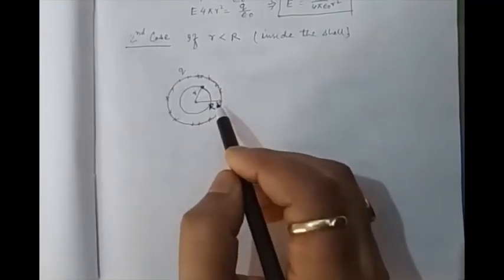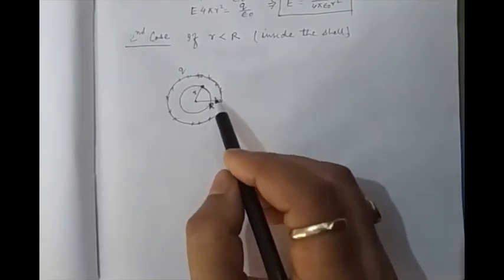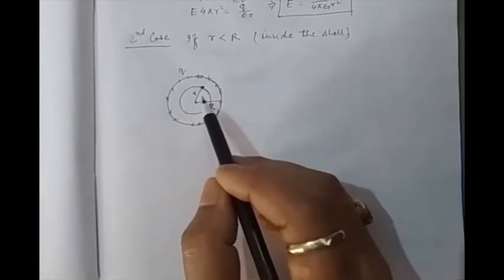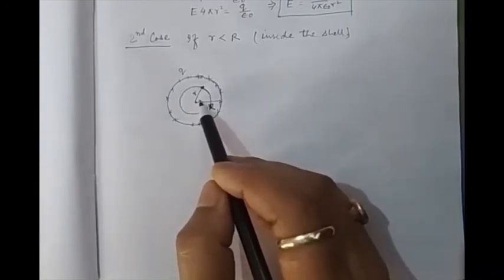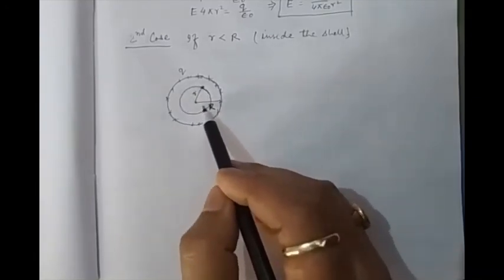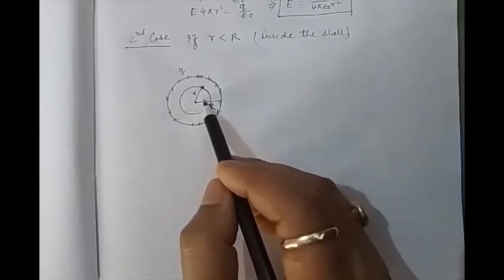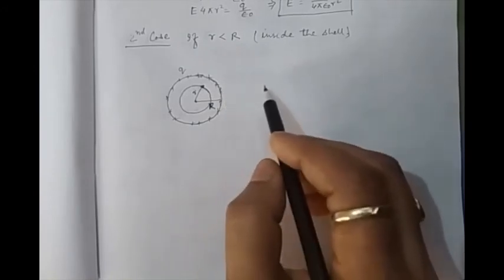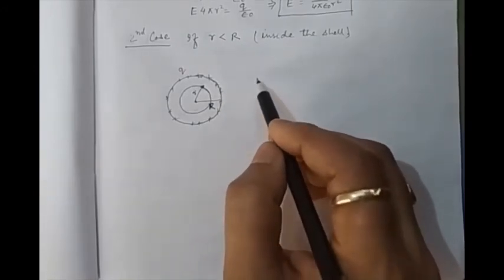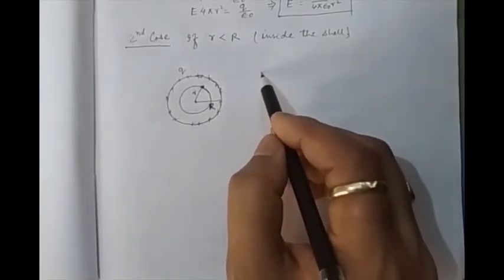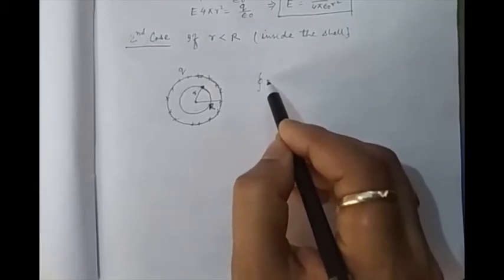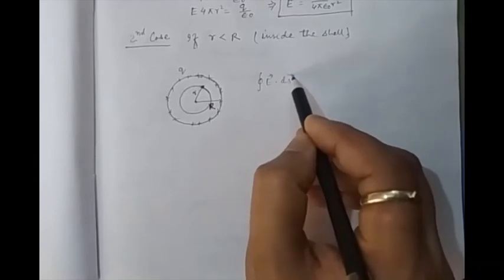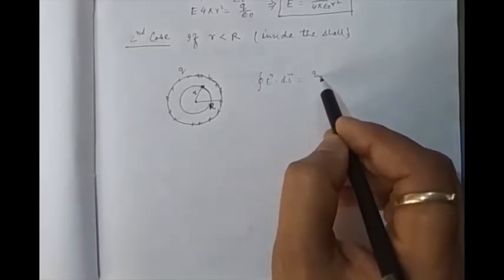We can see that the charge inside the Gaussian surface is 0. There is no charge inside the Gaussian surface. Net charge inside the Gaussian surface is 0. Therefore, we can directly apply Gauss's law, that is, integral E dot ds is equal to Q internal by epsilon naught.